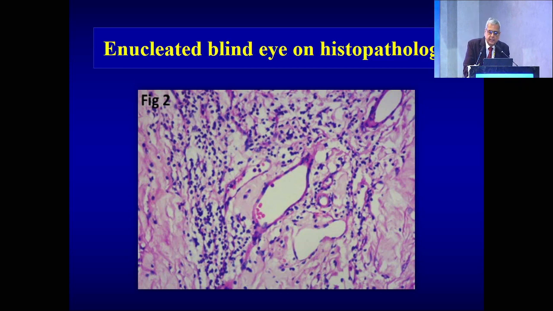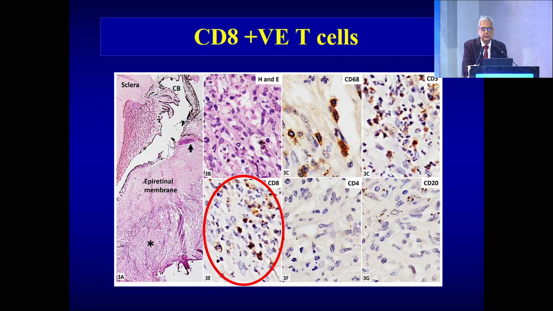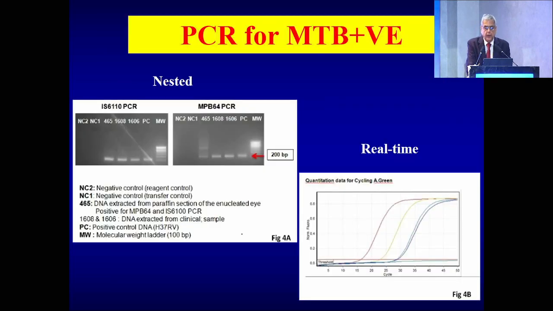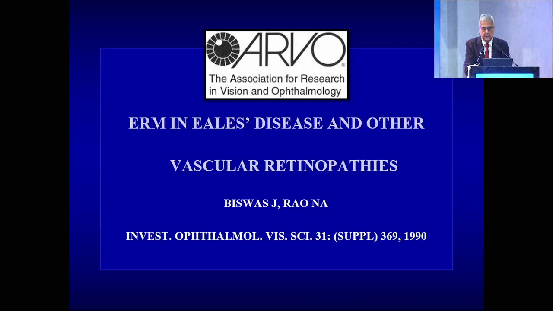What were these lymphocytes? These are T cells, CD3 positive lymphocytes, and T suppressor cells in particular, and these cells are predominantly raised. We found that the PCR for Mycobacterium tuberculosis was positive, suggesting a tubercular etiology in these cases, with Mycobacterium tuberculosis DNA playing an important role in pathogenesis.